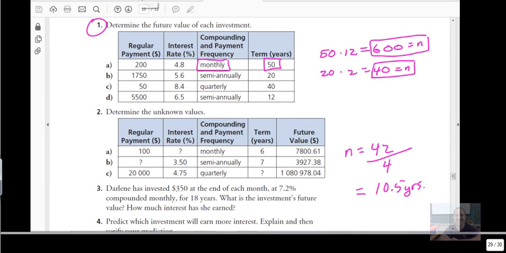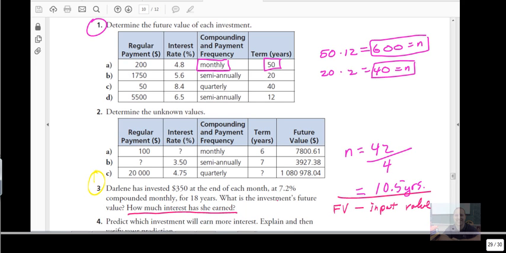Okay, so the question about number 3 here is how much interest has been earned? That's really what you're looking for, right? So what you want to do is calculate future value first, and then subtract the input value. Now, how do you do that?